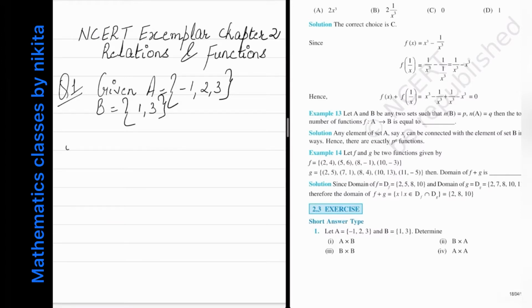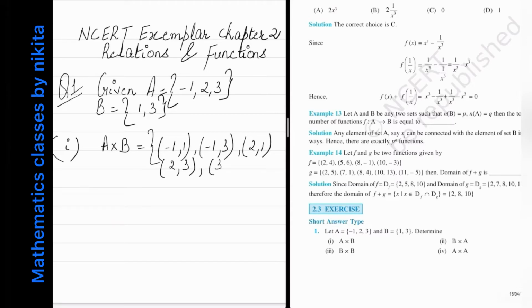So in the first part we have to find A cross B. A cross B is the set of all ordered pairs where the first element is coming from A and the second element is coming from B. So A cross B is (-1, 1), (-1, 3), (2, 1), (2, 3), (3, 1) and (3, 3).